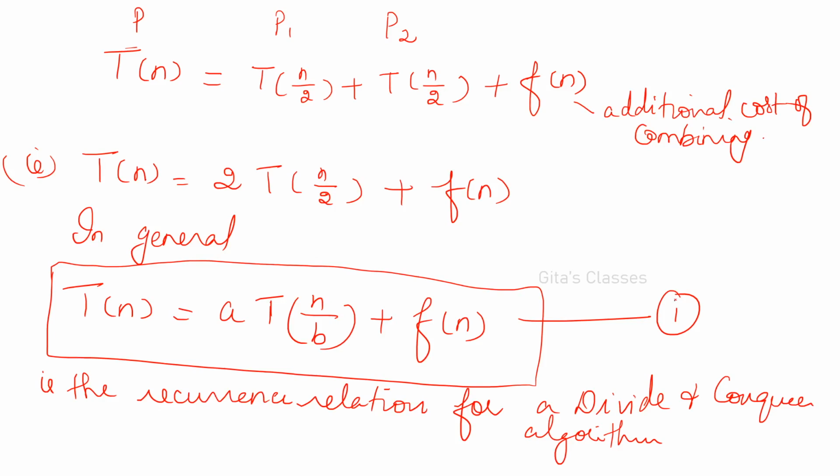Solving this for A is equal to 2 and B is equal to 2, we have seen T of n is equal to 2 into T of n by 2 plus n. Here n is linear; this is the cost of combining, F of n. Let us take F of n as n.